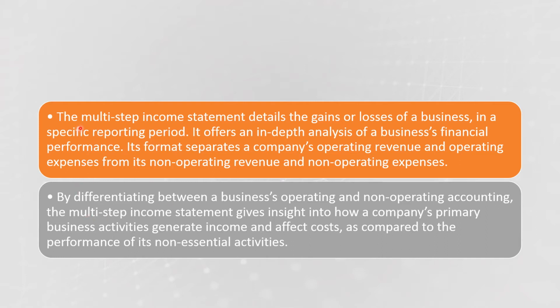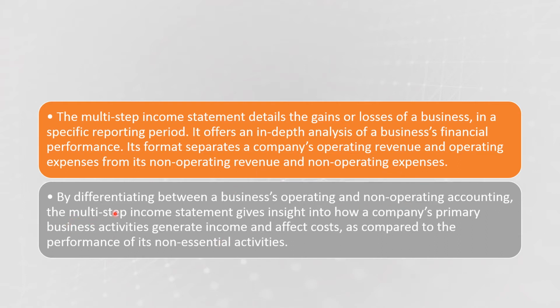The multi-step income statement details the gains or losses of a business in a specific reporting period. It offers an in-depth analysis of a business's financial performance. Its format separates a company's operating revenue and operating expenses from its non-operating revenue and non-operating expenses.